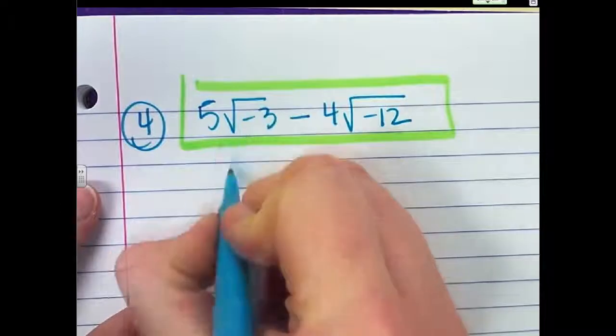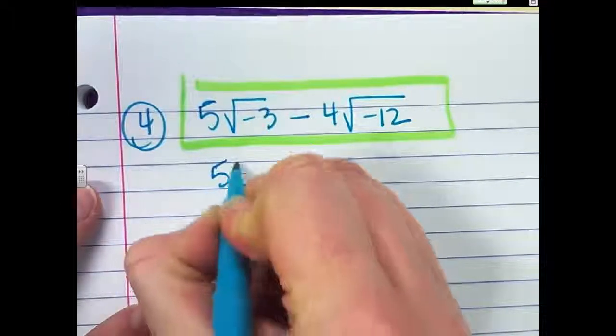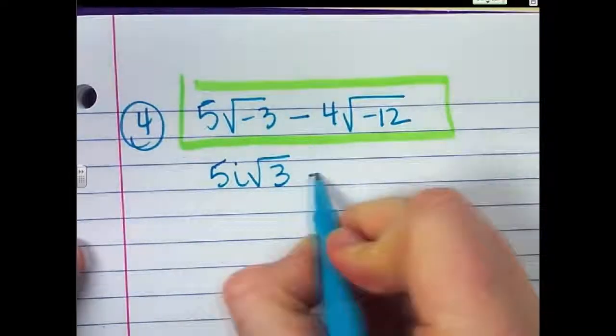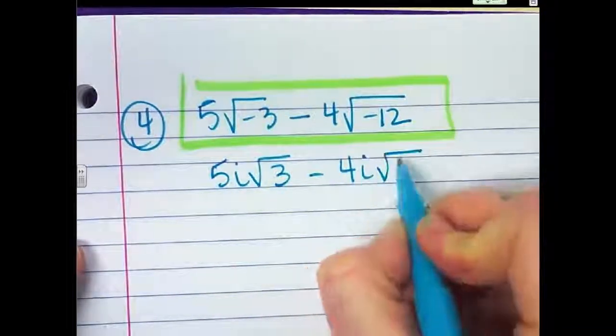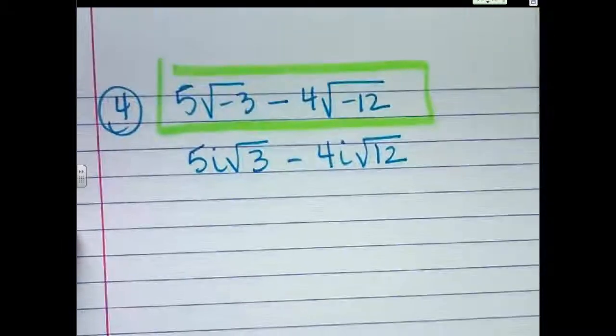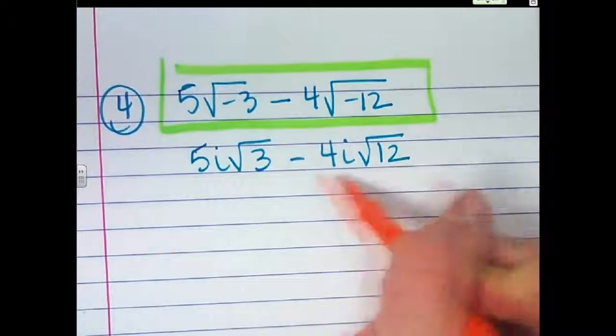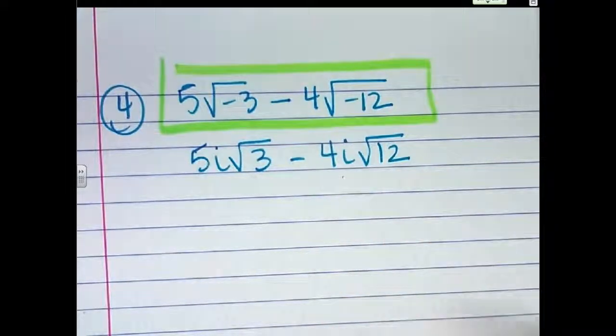Okay, so let's pull out the i's first. So 5i square root 3 minus 4i square root 3. So the thing I saw in the quiz is some of you would go to simplify and you forget to multiply with that number in front. So make sure you're careful there.